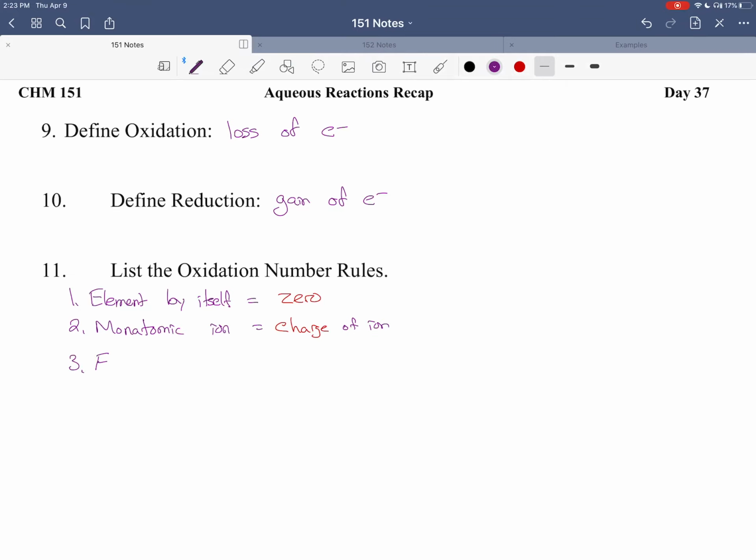3, fluorine is -1 in compounds. Number 4, oxygen is -2 in compounds, except OF2 and O2 2-, the peroxide.